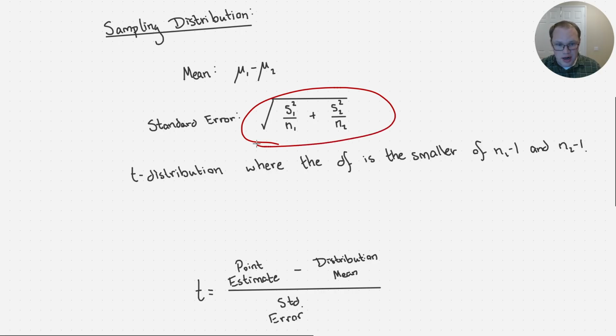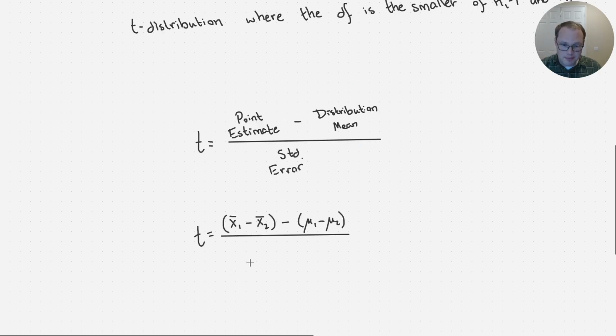This is our standard error, and that's what we are going to divide by. That's how we are going to calculate our t-score for this kind of problem. That is how we are going to find the p-value.